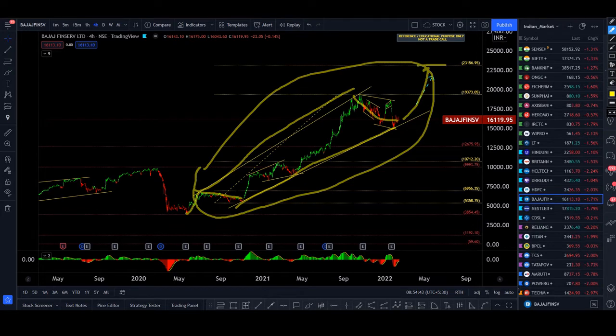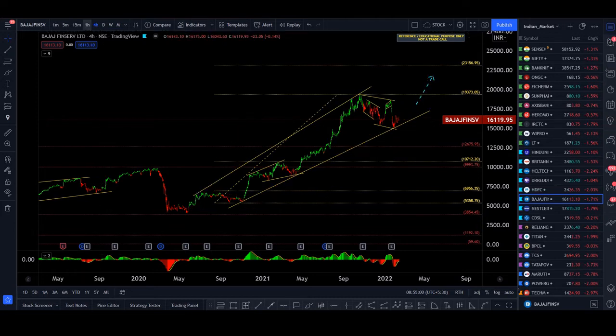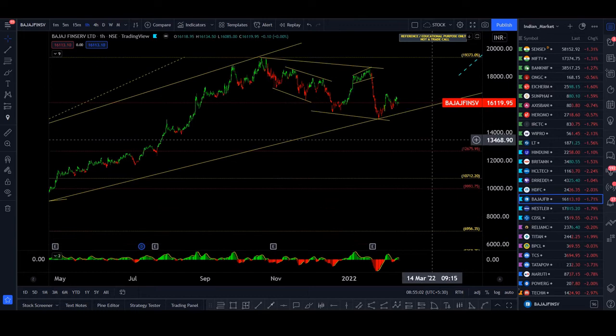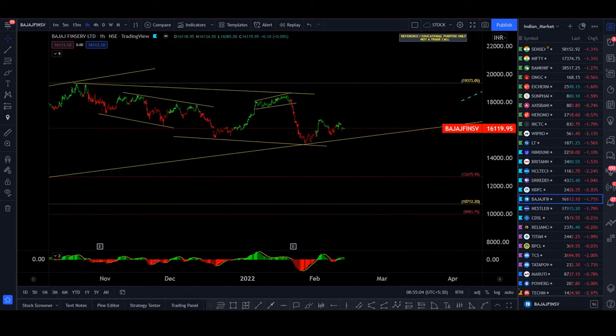So the target is 23,000 rupees, and the entry point will be approximately 16,500 rupees or something. So yeah, when it happens, I think we will post it. Right now it is having a very good impulsive move followed by correction, and we might see this and then a breakout.